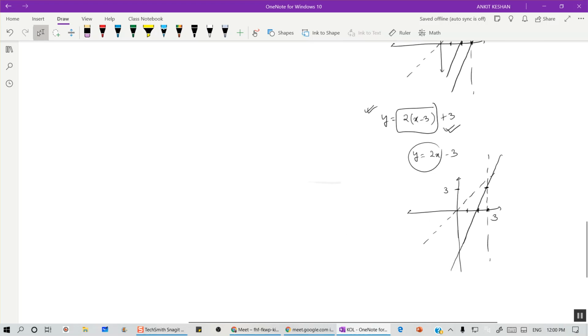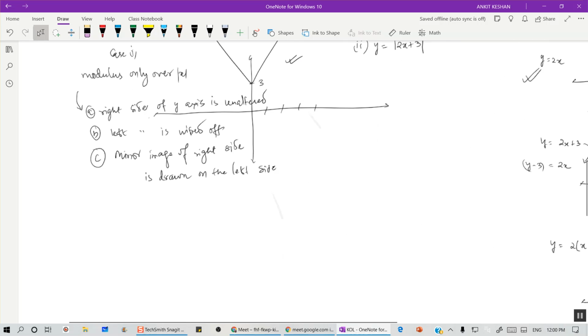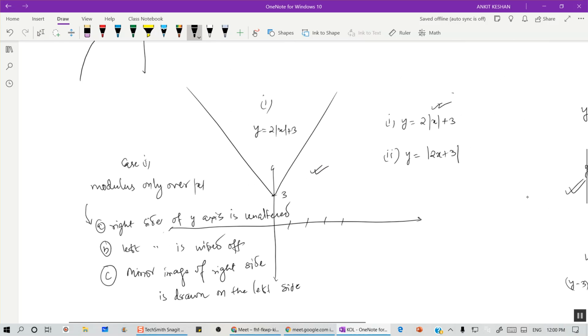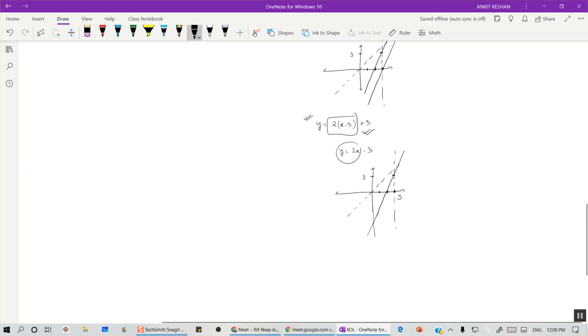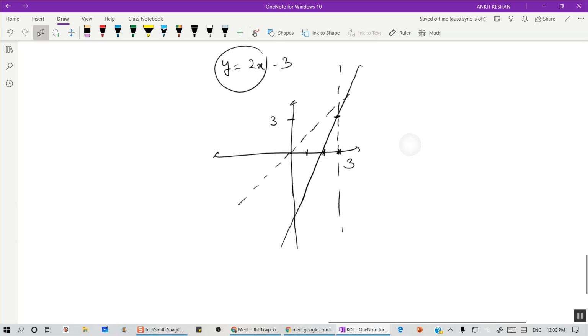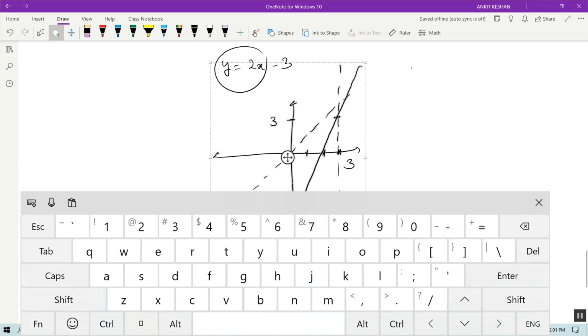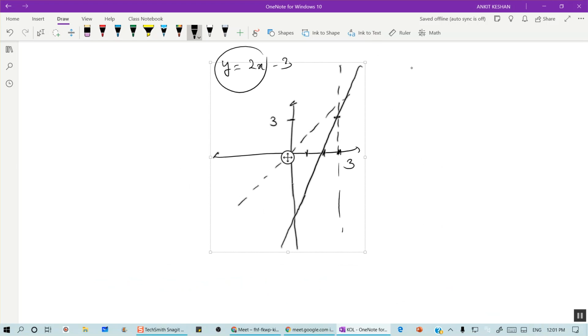Now we come back to our previous discussion. The first one was when we apply mod only over x. If we apply mod over this function, what will happen? So let me copy it first.